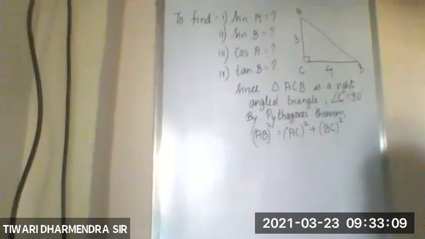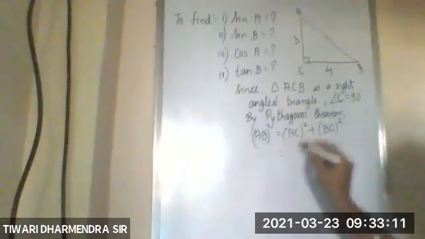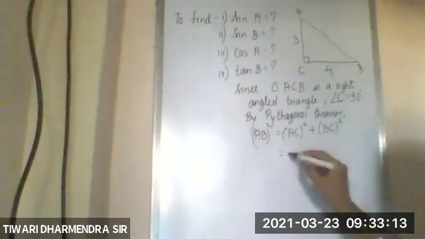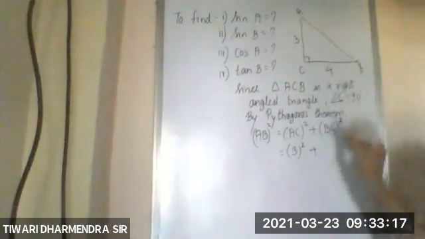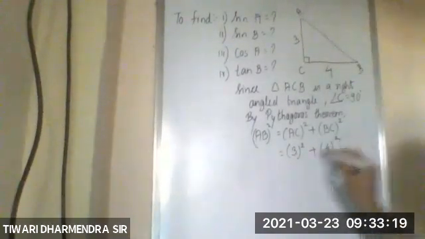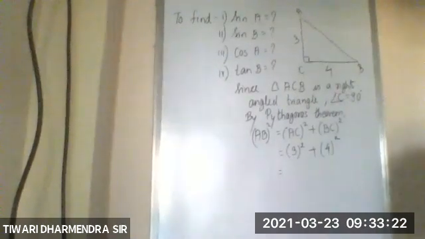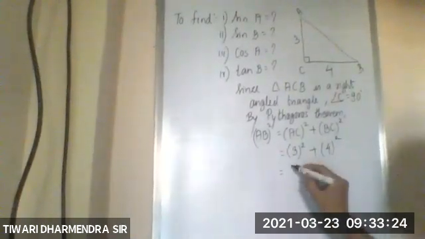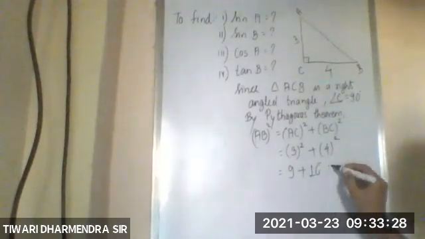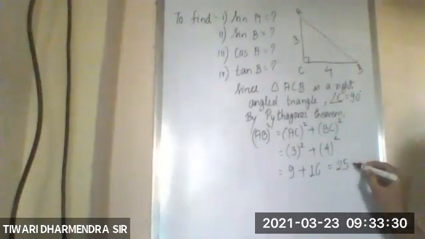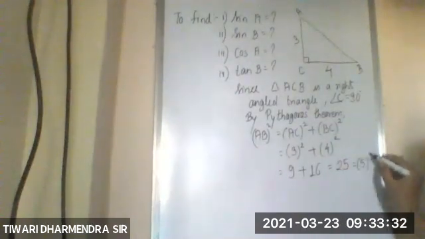So now we know the value of AC, that is 3. So right here, 3 square plus BC is 4, so 4 square. 3 square is 9, 4 square is 16, 9 plus 16 is 25, and 25 is nothing but 5 square.